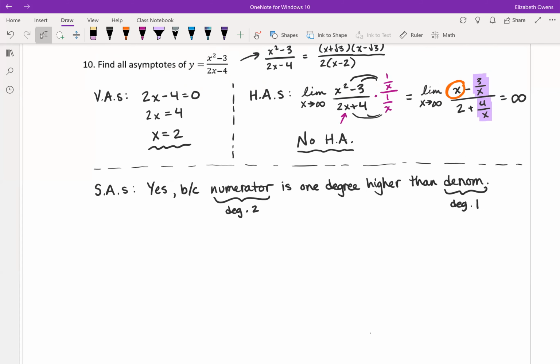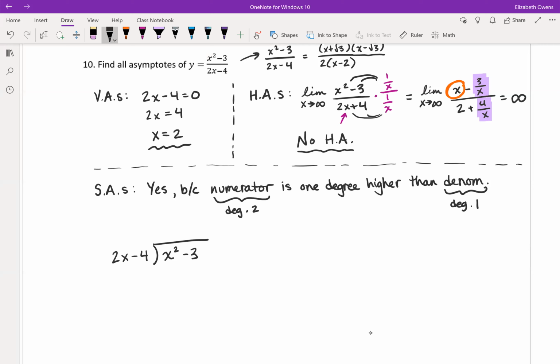Good times. So we are going to take our numerator, x squared minus 3, and we are going to divide by 2x minus 4. When you're setting this up, if there are any powers of x missing in your polynomials, you'll probably want to put in placeholders.